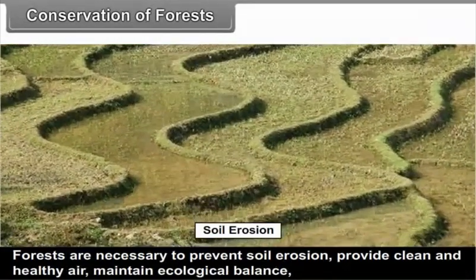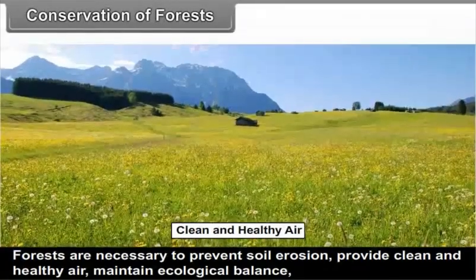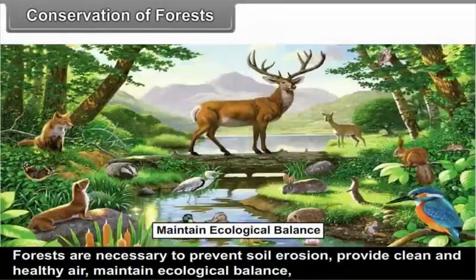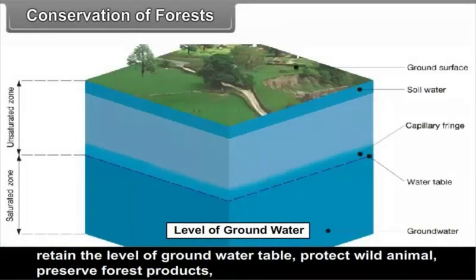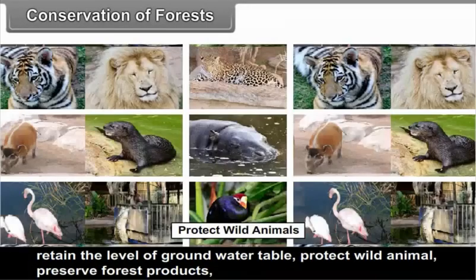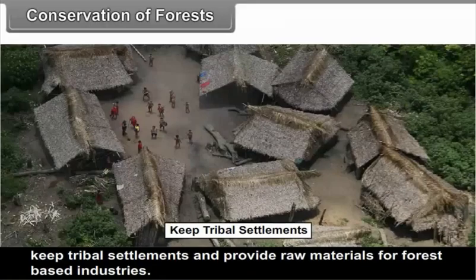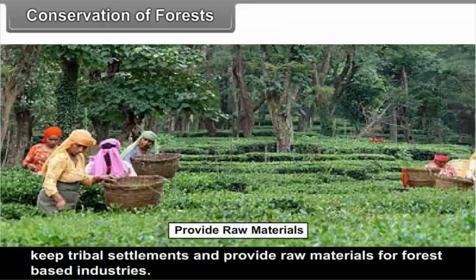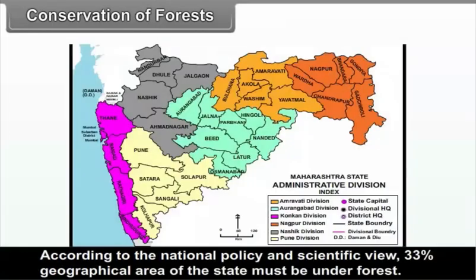Forests are necessary to prevent soil erosion, provide clean and healthy air, maintain ecological balance, retain the level of groundwater table, protect wild animals, preserve forest products, keep the tribal settlements and provide raw materials for forest-based industries.